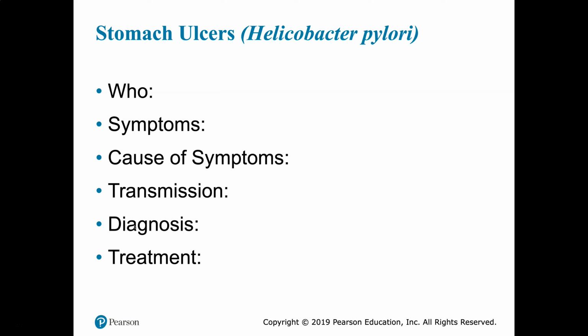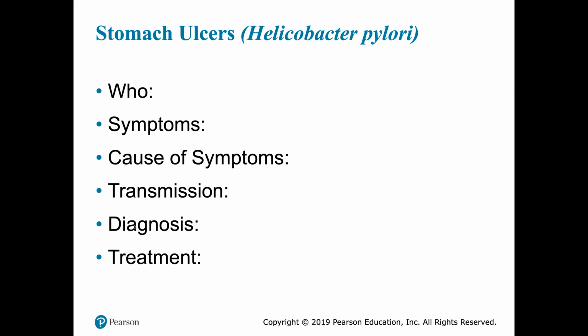Diagnosis. So for Helicobacter pylori, there's a couple things that we can do. First, we can look for antigens against Helicobacter pylori in the stool or antibodies in the blood. So we can look for antibodies against this bacteria in the stool or the blood. There's something called a urea breath test.